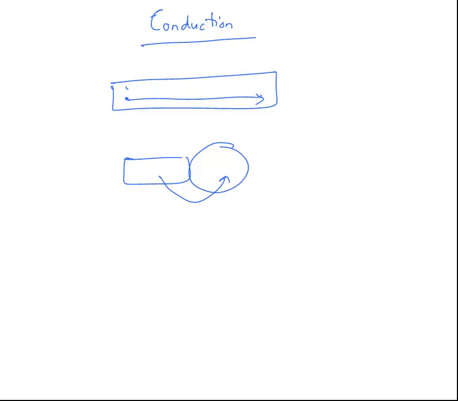Materials which allow this to happen, that is, materials in which the free movement of electrons can take place, are what are called conductors. And materials which do not allow this free movement to take place, which impede the free movement of electrons, are what are called insulators. Most of your metals are conductors and most of your non-metals are insulators.